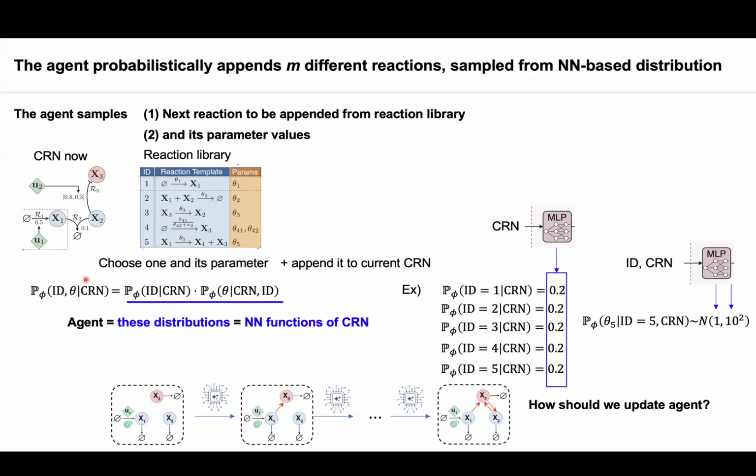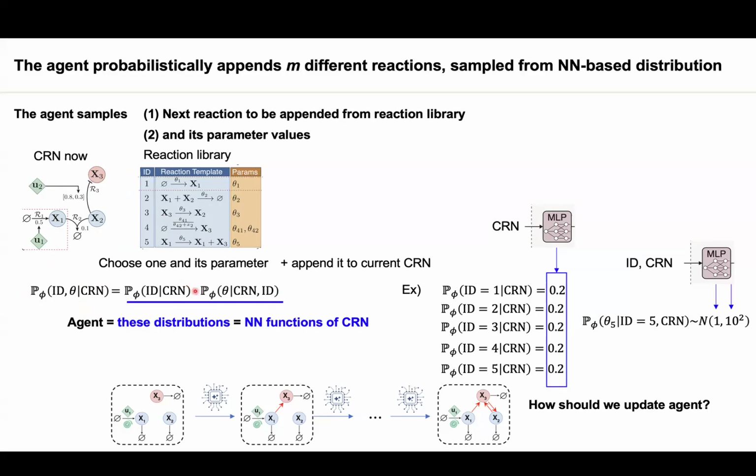So if I repeat, we need a parameter distribution of the ID and zeta, which depends on the current CRN. So, yes, to form this distribution, we will use the neural network.